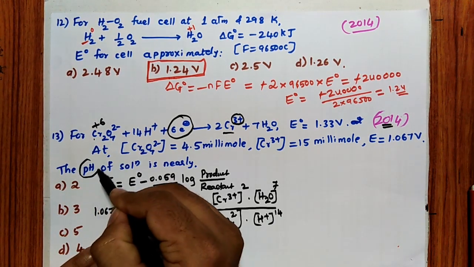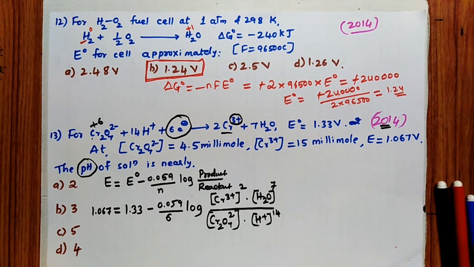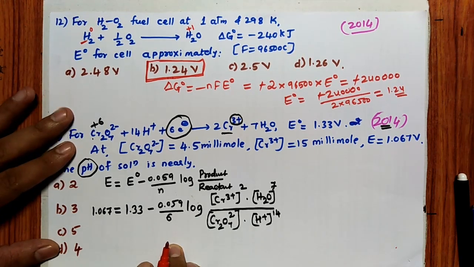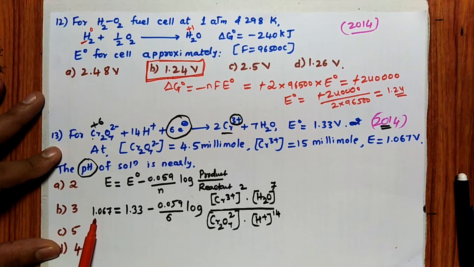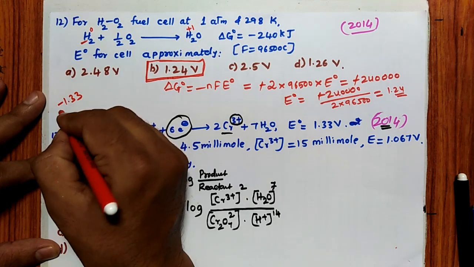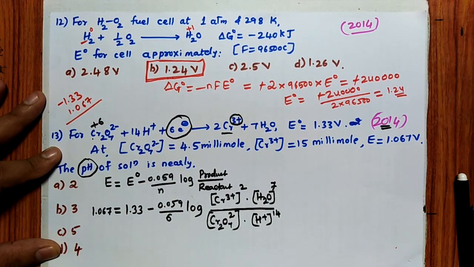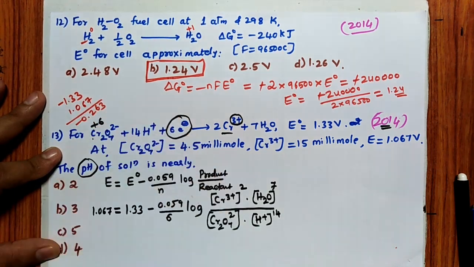Now they are asking pH. See here H plus we have. Definitely you are going to get pH, don't worry about that. So now what we'll do? Simplify. I will take this 1.33 to this side, so minus 1.33, correct? 1.067, if you calculate, approximately you are going to get minus 0.263, correct?